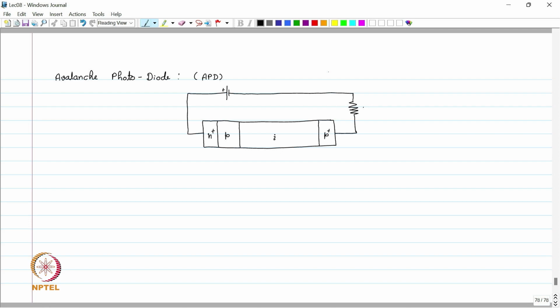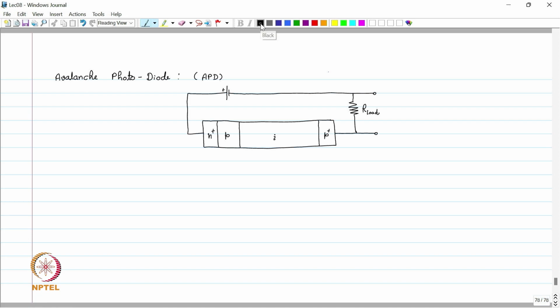So this is our R load, and this is my electrical output. So this is the structure of the APD, or avalanche photodiode, and we have the intrinsic region which is connected to the P type on this side, and which is further connected to N plus.